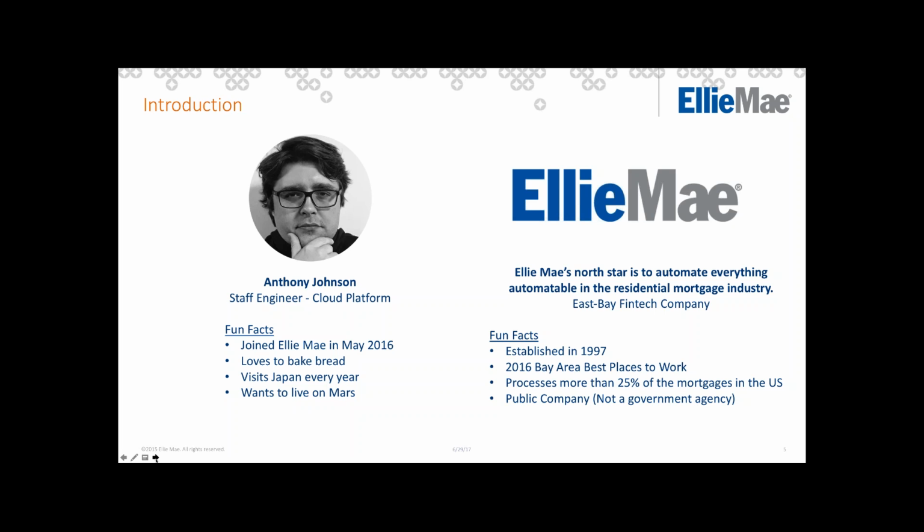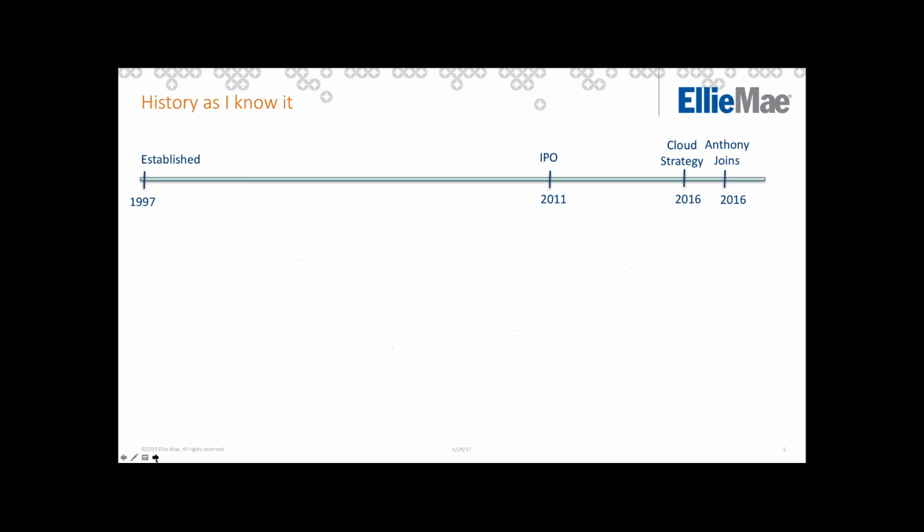I think in the last 2 or 3 years we've been a best of the Bay place to work. Quite a bit of the mortgage transactions come through our back end. Our customers are mortgage brokers and banks, and right now 25 to 30% come through our back end. So that's a bit of where the company is at. We are a fintech company in the East Bay.